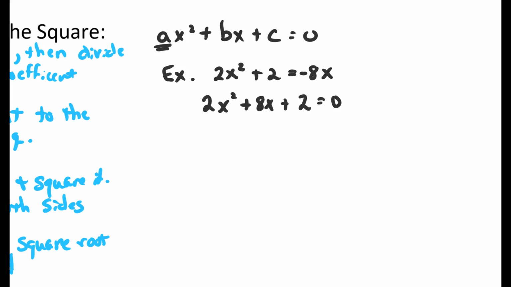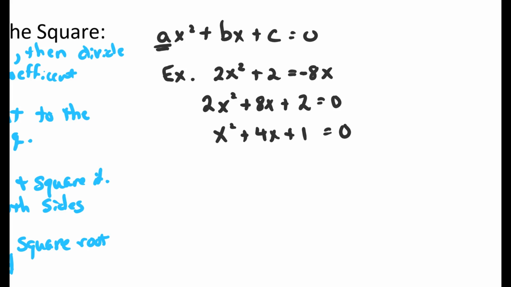Not the constant over yet. In the very first step, divide by the leading what? Coefficient. I want a 1 in front of the x squared instead of a 2, but that means I have to divide everything by 2. So then I get x squared plus 4x plus 1 is equal to 0.